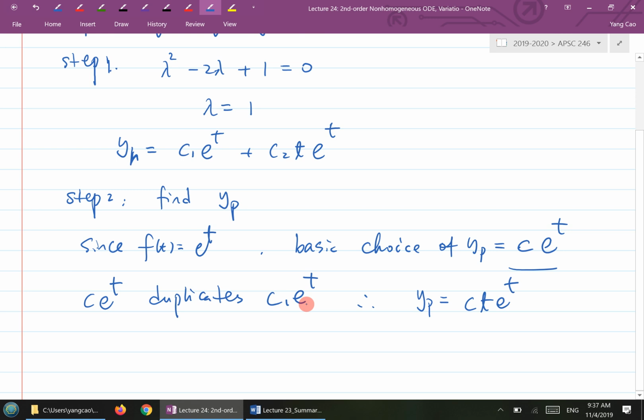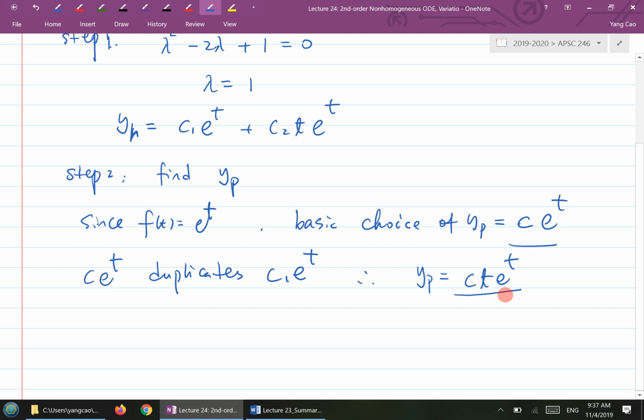But then you have to be very careful here. You actually don't stop. You have to keep comparing your YP with your YH. So you can see that this C times t e to the power of t again duplicates the C2 times t e to the power of t.